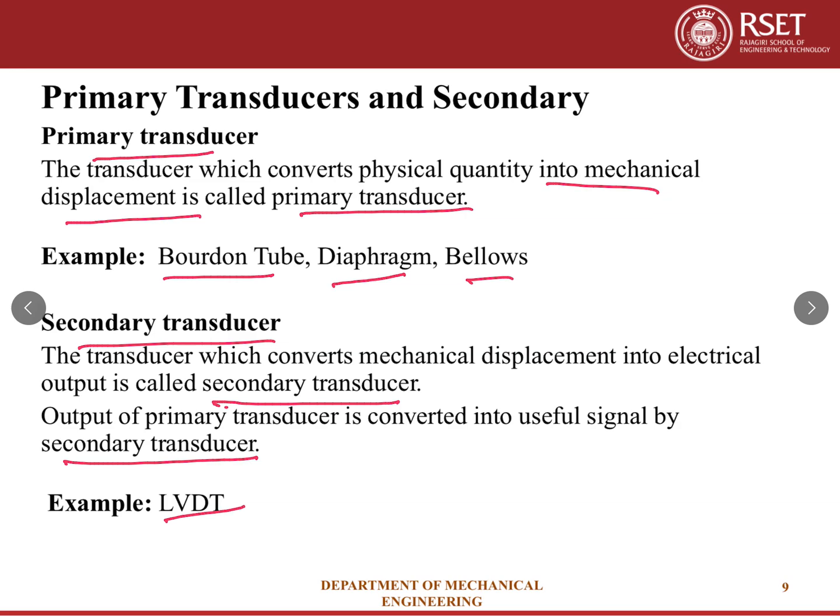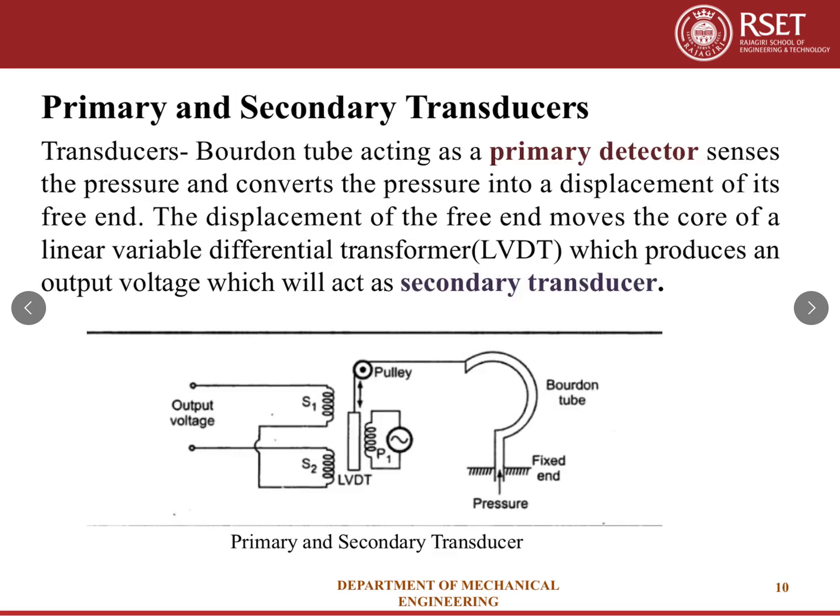Here is an example, the LVDT. In this example we can see pressure measurement. We have a Bourdon tube connected to an LVDT, that is, a linear variable differential transformer. When pressure is applied, the pressure of the fluid in the medium will cause the Bourdon tube to displace.